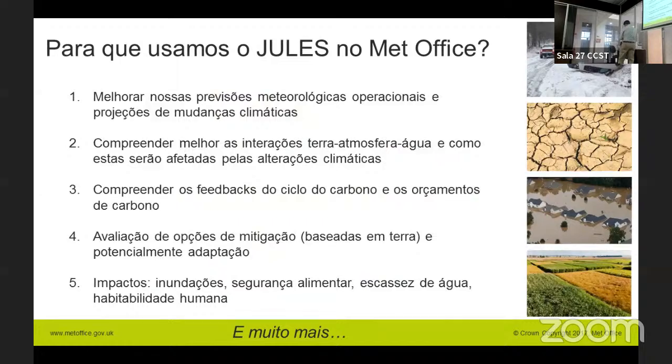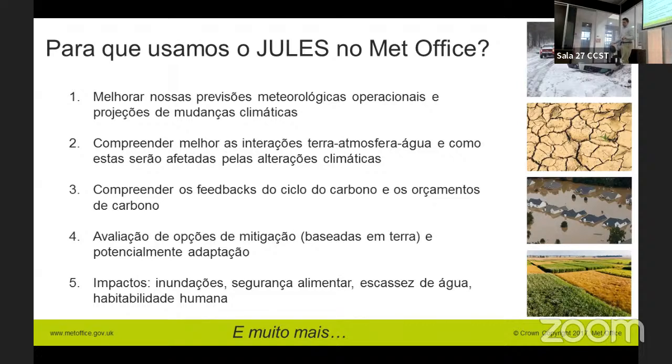So Jules is useful because it improves operational weather forecasts and climate change predictions. It's really quite important to understand land atmosphere water interactions better, and how they may change with climate. You also want to understand carbon cycle feedbacks.